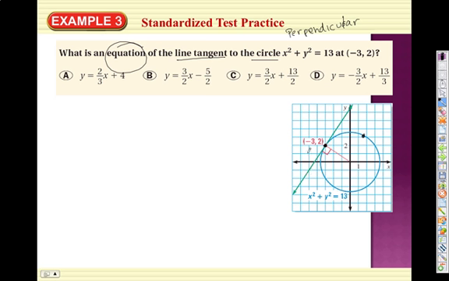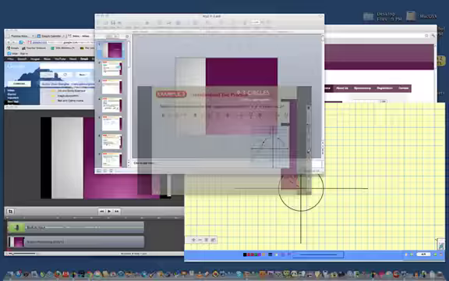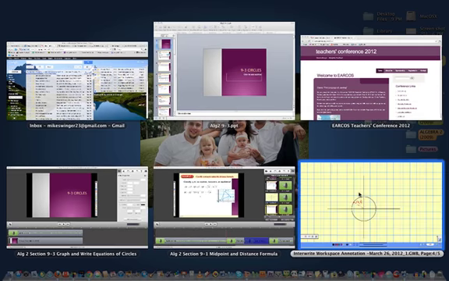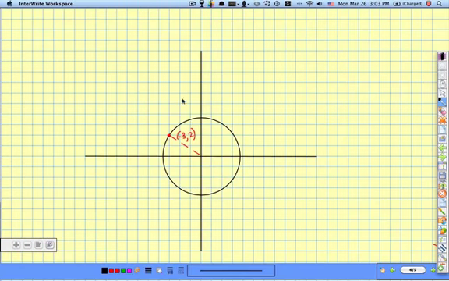So let's do that. What is the equation of the line tangent to x squared plus y squared equals 13, and this point. Alright, so I'm going to draw a quick tangent line. What I drew here was the point -3, 2, and then I drew the radius.